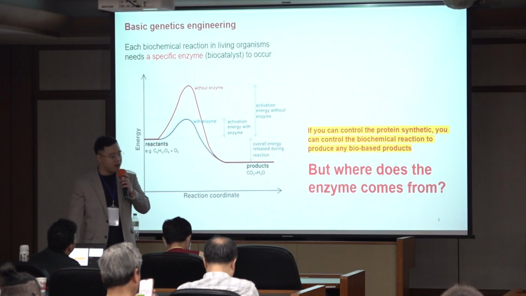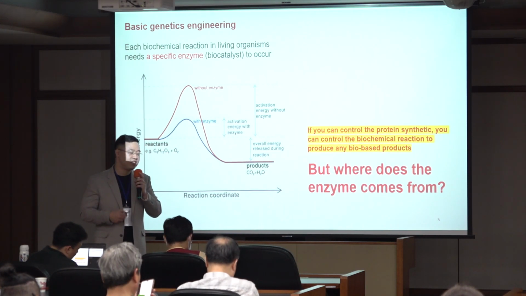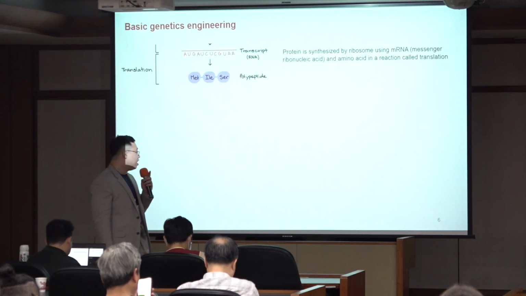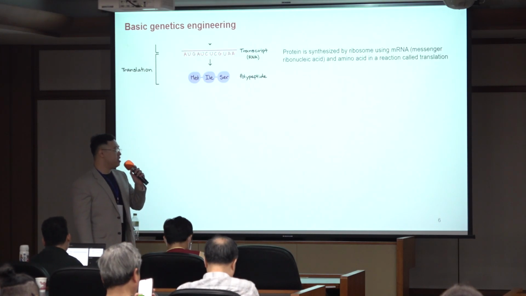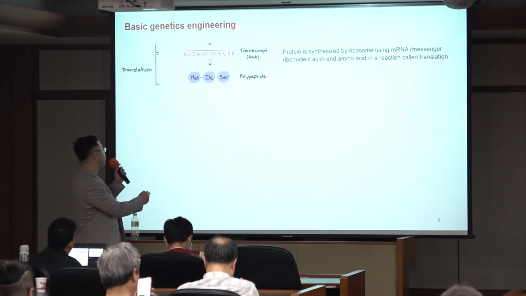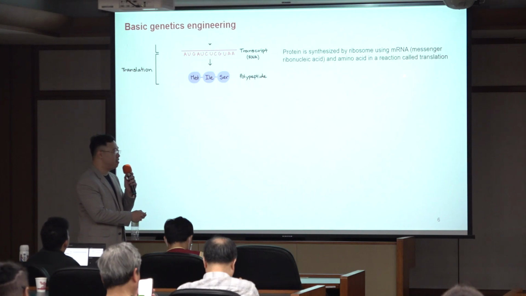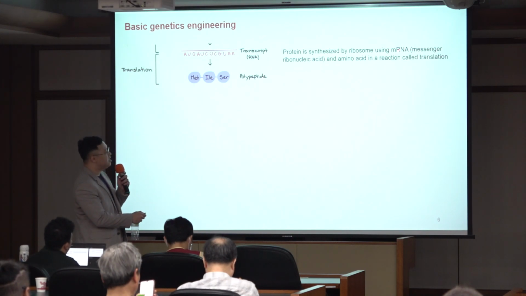So now I'm going to talk about how the enzyme is synthesized inside the E. coli. Everything starts with the process of translation. The protein is synthesized by the ribosome inside the bacteria using the mRNA.